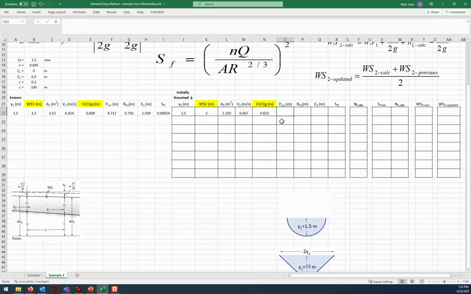So the overall wetted perimeter here is 2, because there's a left and a right, times 2 times y squared, and then we have to take that to the 1/2 power. 0.243.